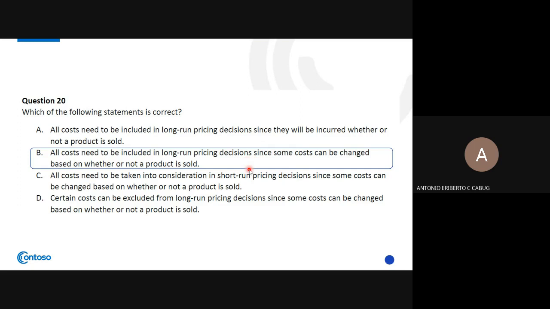Tama? So in that case, maybe it's not worth it. So when it comes to arriving at the long run pricing, all costs need to be included, since some costs can be changed based on whether or not a product is sold. The best answer here is letter B.